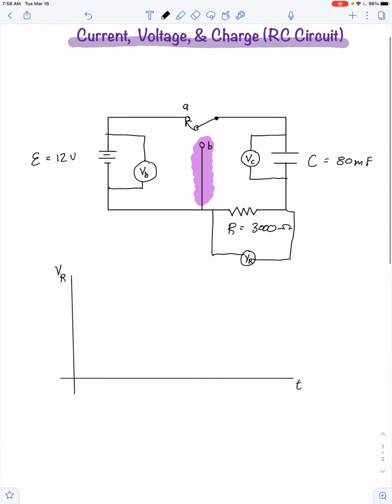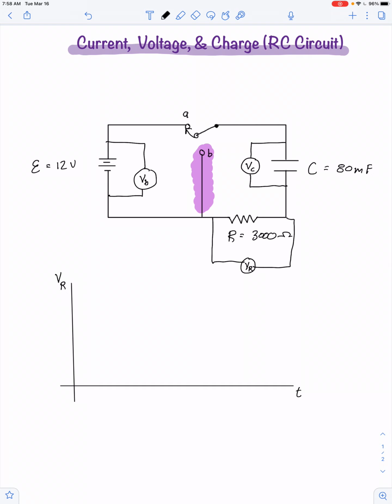Now we know there's a value we call the time constant, represented by the Greek letter tau. It's equal to the product of the resistance and the capacitance. I think we've shown in a previous lesson that multiplying farads times ohms indeed gives units of seconds.